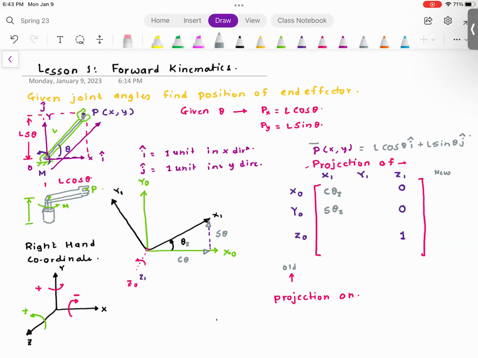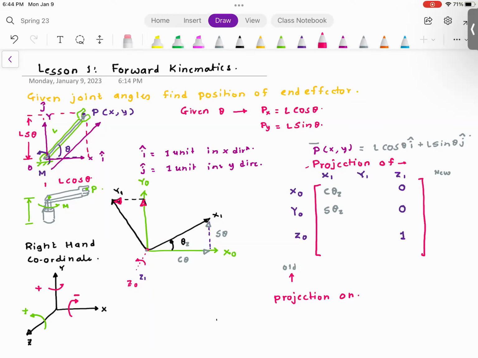Now, next thing I want to do, and this is the most important part, is look at the projection of Y1 on Y0. So draw a horizontal line. And now, here comes the tricky part. So I have to go something like this. Now, I want you to observe.